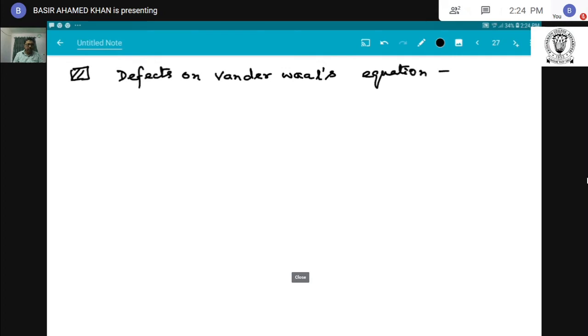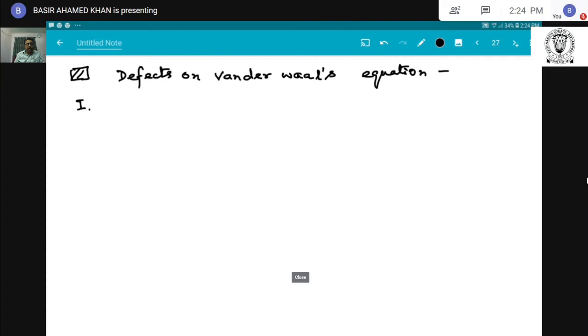The first point is that van der Waals equation shows a maxima and a minima in an isothermal below the critical temperature. That means there is a maxima and a minima in the van der Waals isothermal curve.